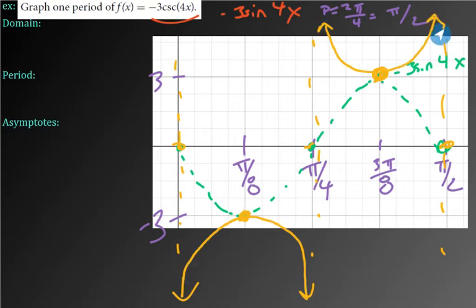And that's all it is. That would be one full period of minus 3 cosecant 4x. And that would just continue. You'd have another open up parabola here, and then over here you get one that comes down. Here there'd be one that's down.